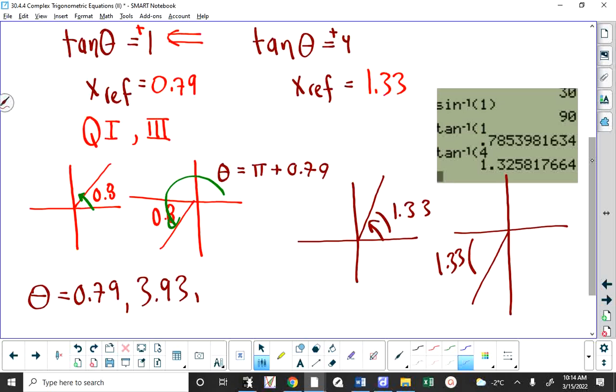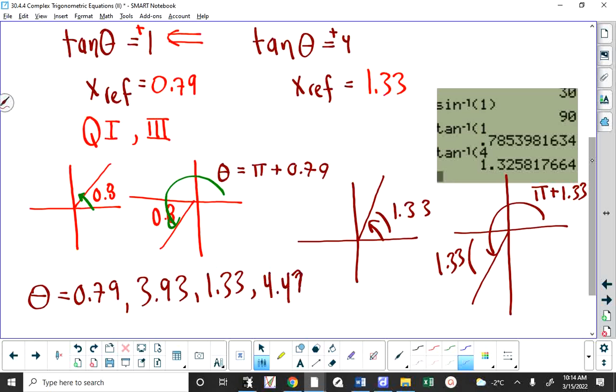The rotation angle will be 1.33 in quadrant 1, and it will be pi plus 1.33 in quadrant 3, which is 4.47. Thank you.